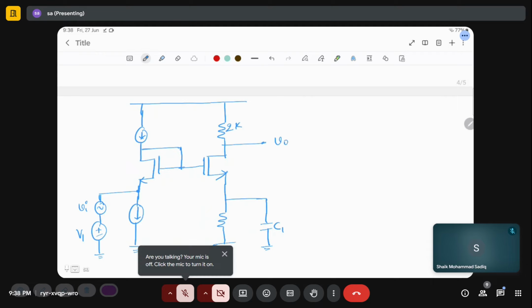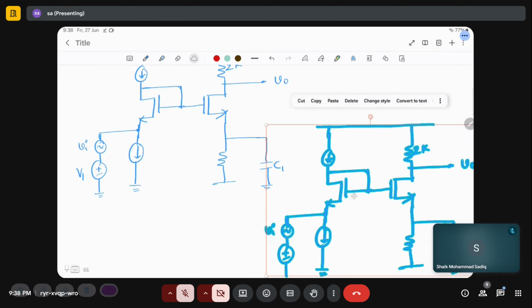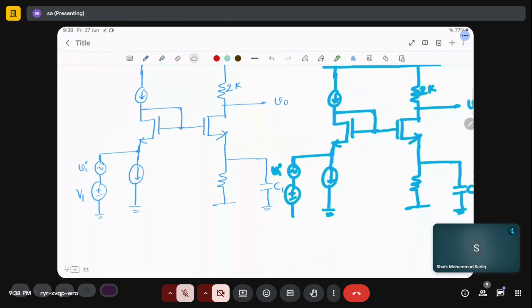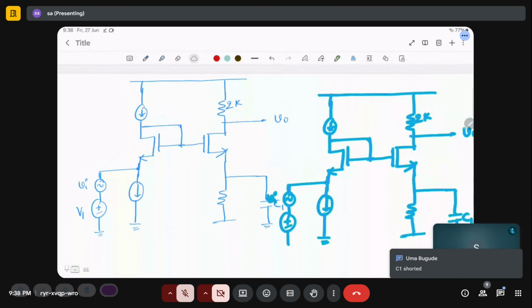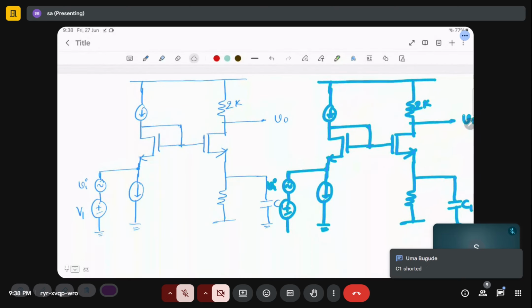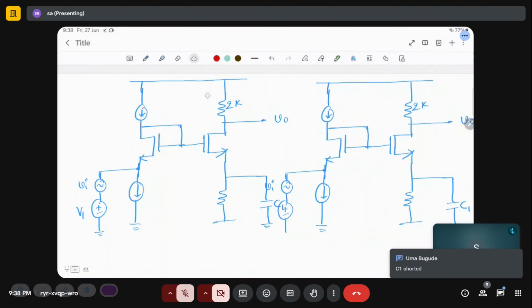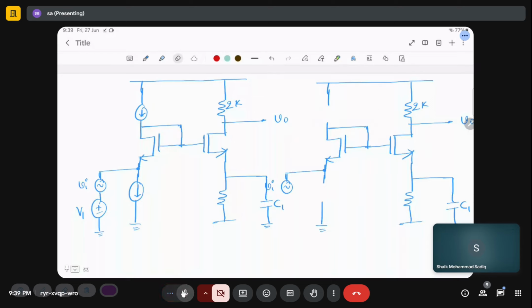In small signal analysis, what happens to this circuit? The voltage source goes off, the current source goes open, this current source is open, and the capacitor is short.